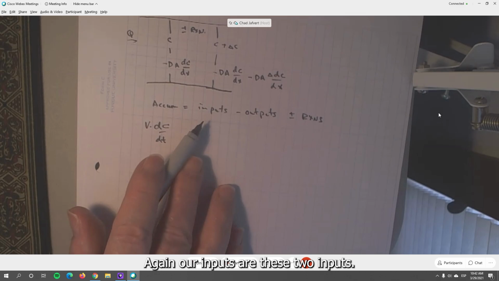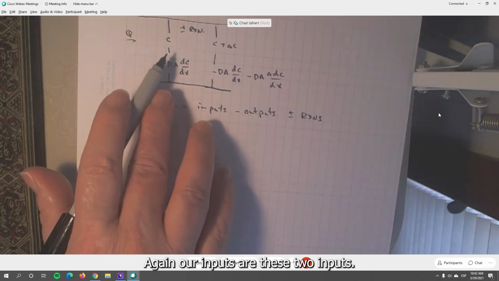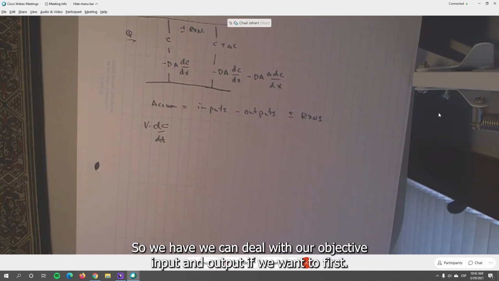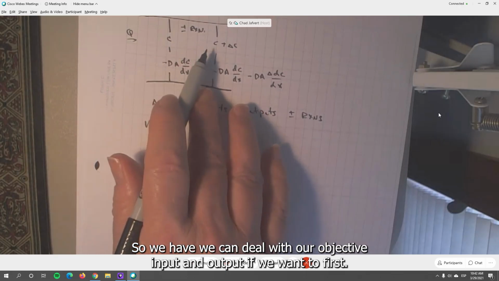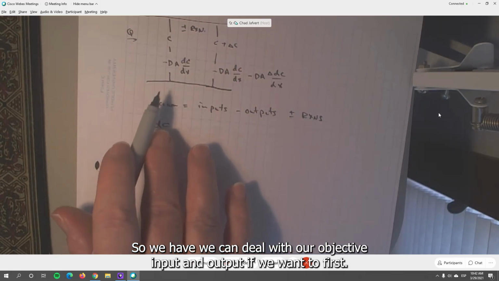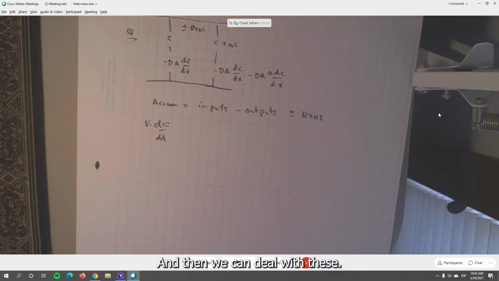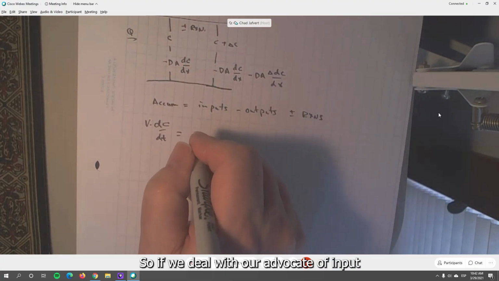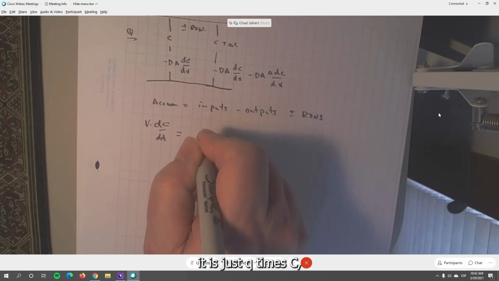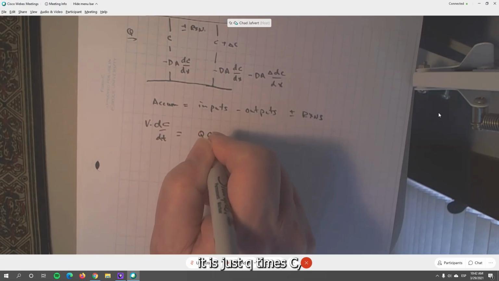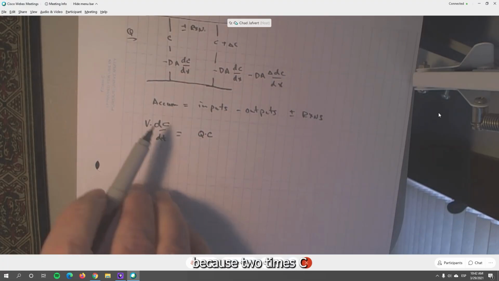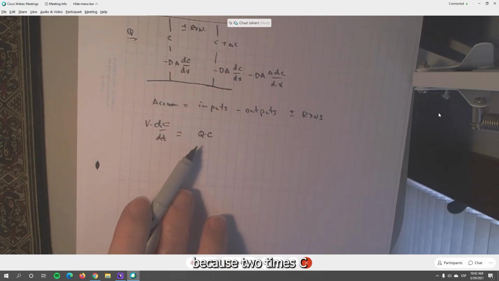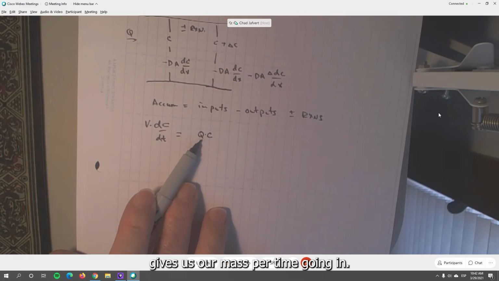Our inputs are these two inputs. So we can deal with our advective input and output first, and then we can deal with these. If we deal with our advective input, it is just Q times C, because Q times C gives us our mass per time going in.